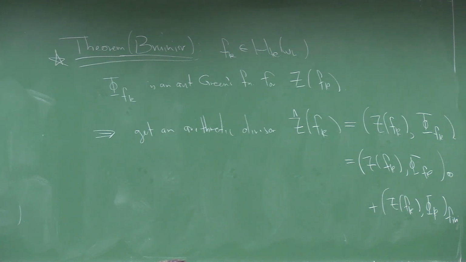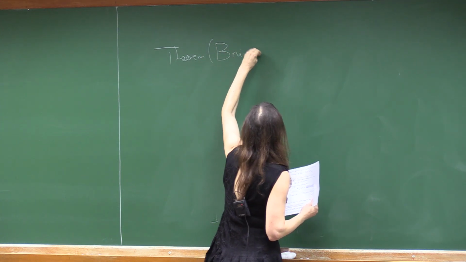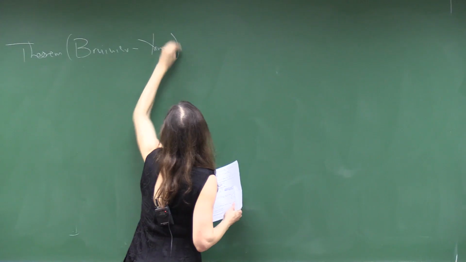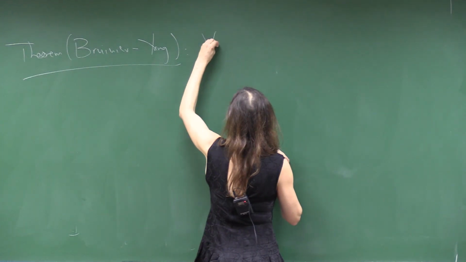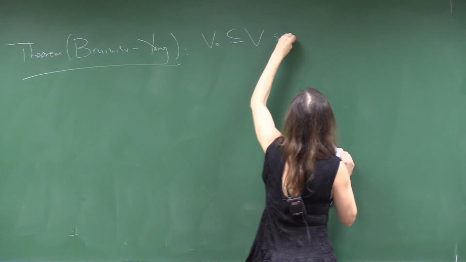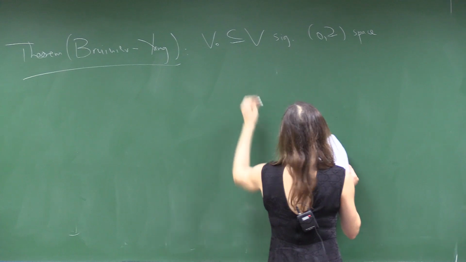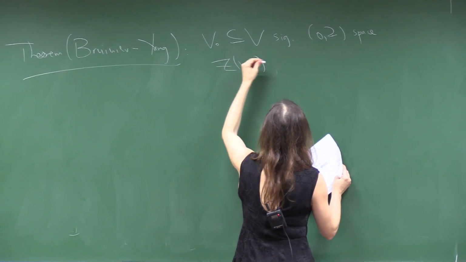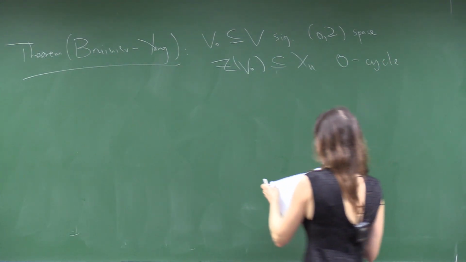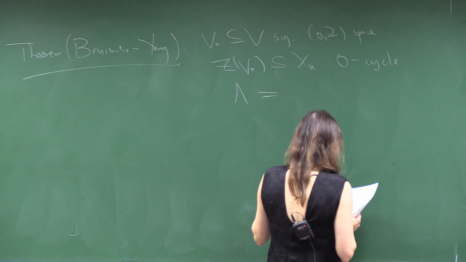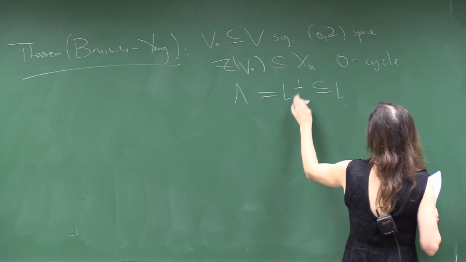And so another important theorem here, Bruinier-Yang, in the Inventiones paper from 2008, called Faltings heights of CM points and derivatives of L-functions, is that if you have any signature (0,2) space, which in fact corresponds to some imaginary quadratic field, and you have Z(V_0), the corresponding zero cycle, or the CM cycle as it's sometimes called, because it always comes from an imaginary quadratic field, and you let lambda now denote the complement of this signature.